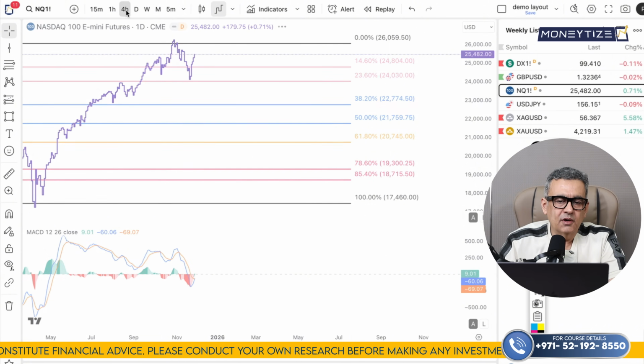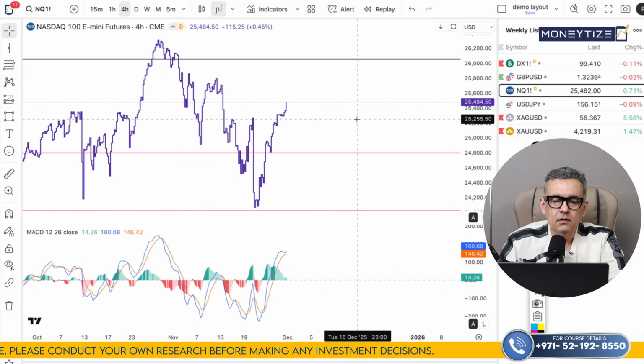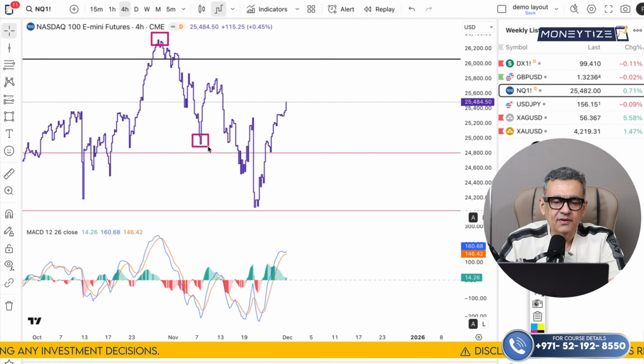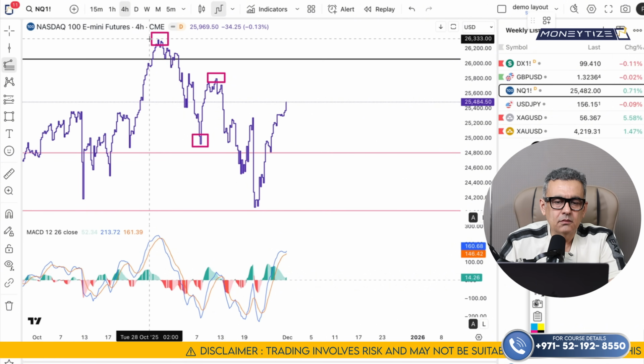Now I'll be switching to 4-hourly frame here, and on the 4-hourly frame, I will apply extension in the bearish direction first. So starting from the top, this is point A for sellers. So this is the first move down and sharp reaction up. So this is A, B, C in the downward direction. Let's apply Fib extension here.